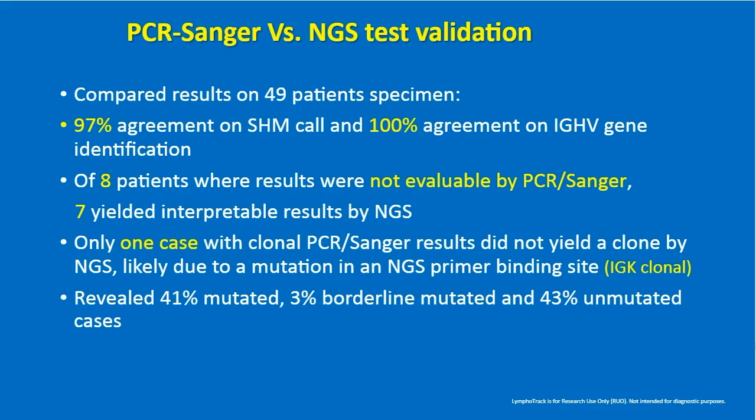In one case we didn't get a PCR product using the NGS assay, and we had a concurrent IgG clonality test performed, and it was clonal, so we interpreted that as primer mispriming. So we would arrange to send a cDNA-based test to another lab to get a result on those cases. The results showed 41% mutated, 3% borderline mutated, and 43% unmutated cases.